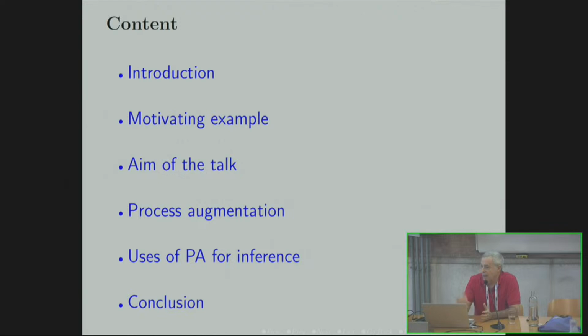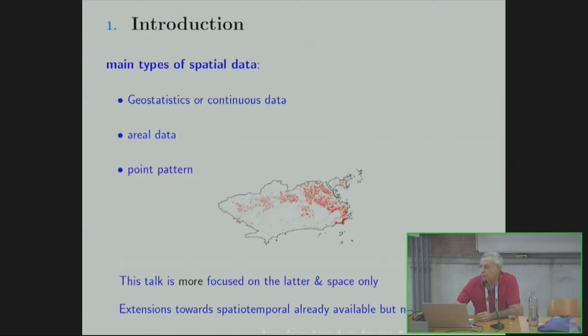Then I'll get finally to the aim of the talk. Then I'll talk to you about what is this process augmentation. It's not that complicated, but how it is important to perform the analysis the way we want to perform them. And then finally, I'll reach the main subject of my talk, is the different uses that we've been involved with for performing analysis in different areas of spatial statistics, using this idea to get exact analysis. And then I finally draw some final conclusions.